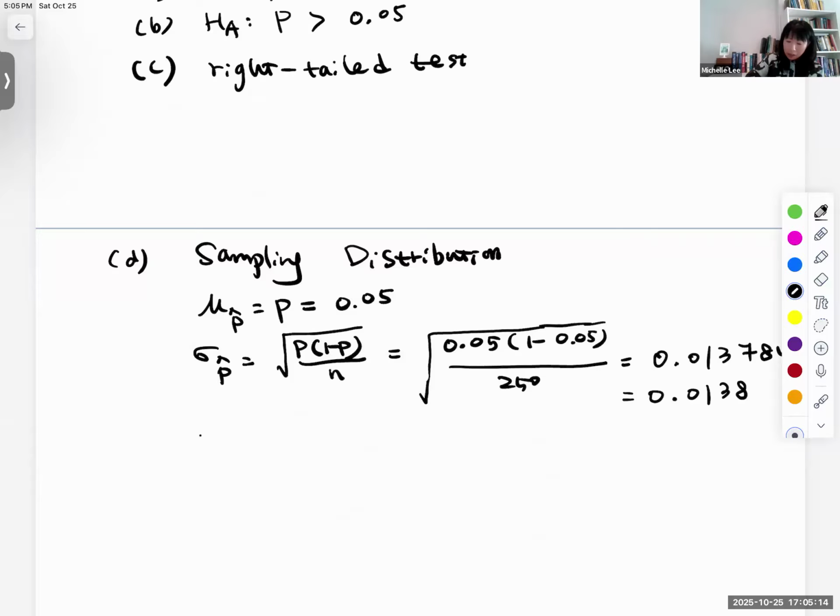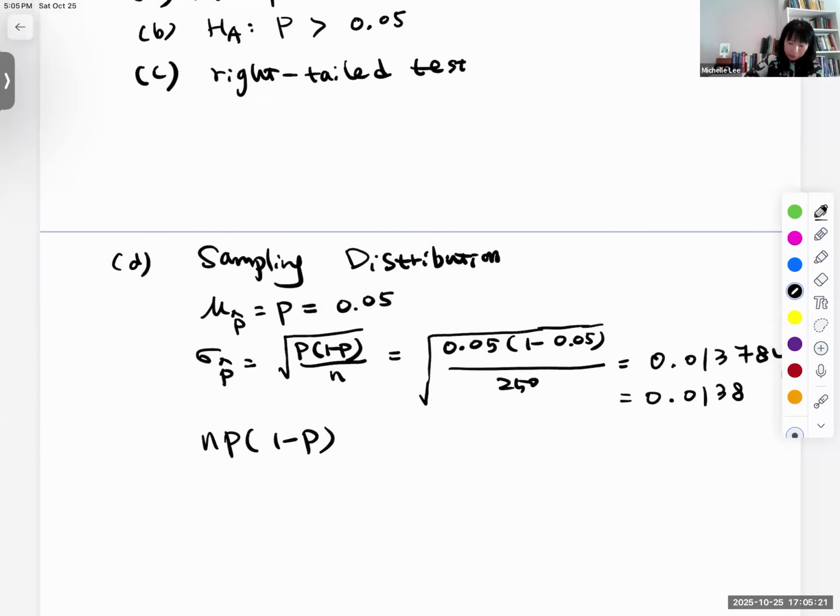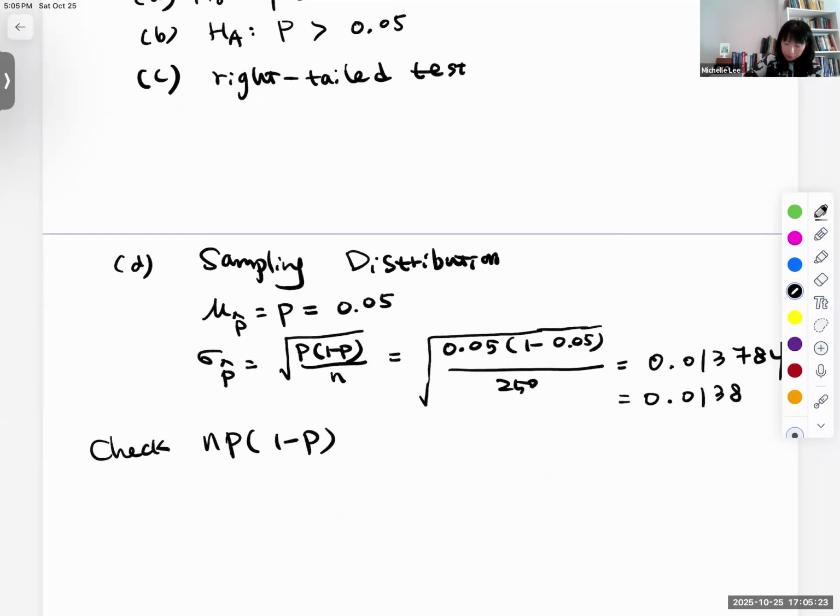Okay, now how about the normal distribution? How do you check? n times p times 1 minus p must be greater than or equal to 10. So n in that case is 250, p is 0.05, 1 minus p is 0.95. Can you please calculate?